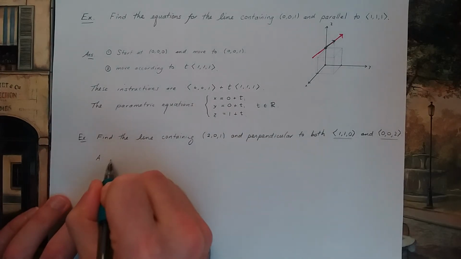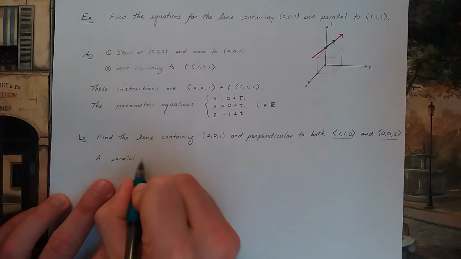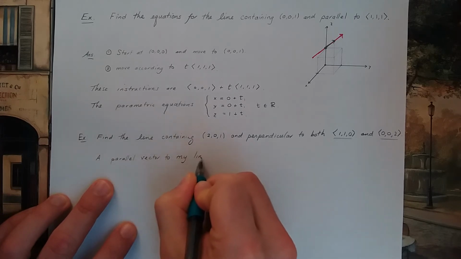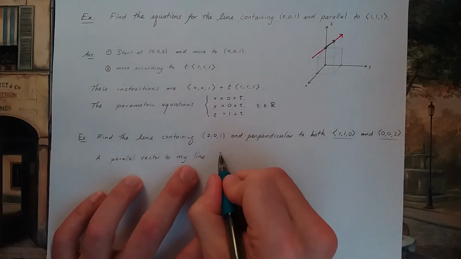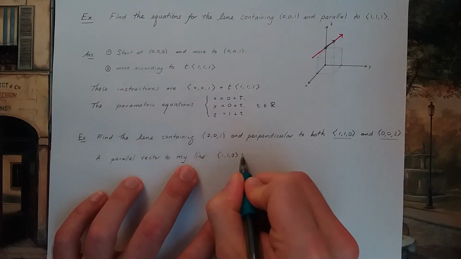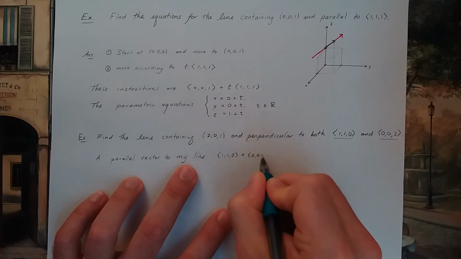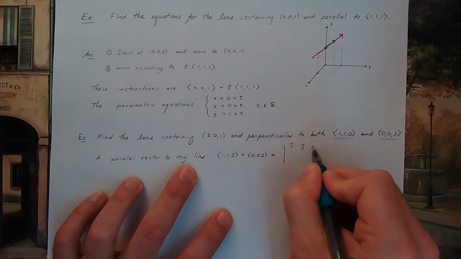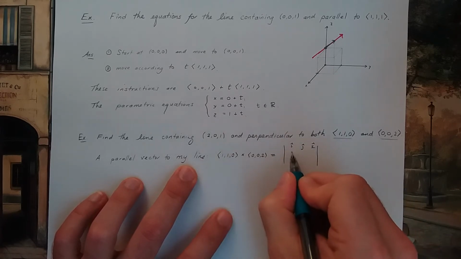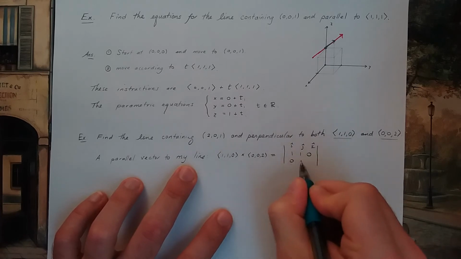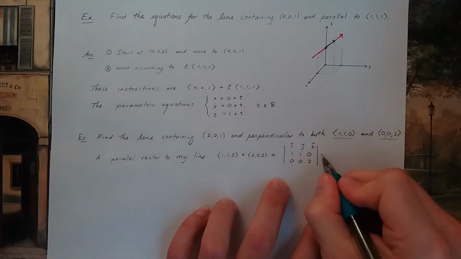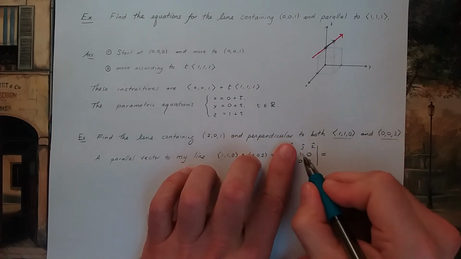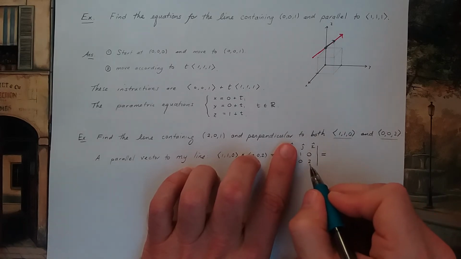So a parallel vector to my line, that is the cross product. So 1, 1, 0 cross 0, 0, 2. So I'm going to take the cross product, i hat, j hat, k hat, put 1, 1, 0 in the middle row and 0, 0, 2 in the bottom row. So if I cross off the i hat row and column, I have the determinant 1, 0, 0, 2.